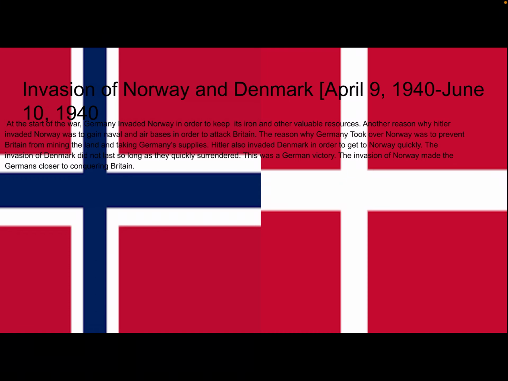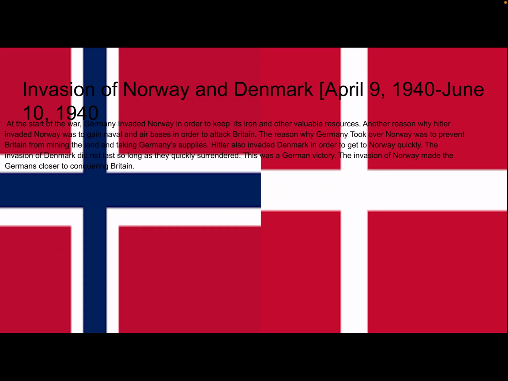The invasion of Norway and Denmark. So this is probably the biggest battle that happened at the start. At the start of the war, Germany invaded Norway in order to keep its iron and other valuable resources. Another reason why Hitler invaded Norway was to gain naval and air bases in order to attack Britain.